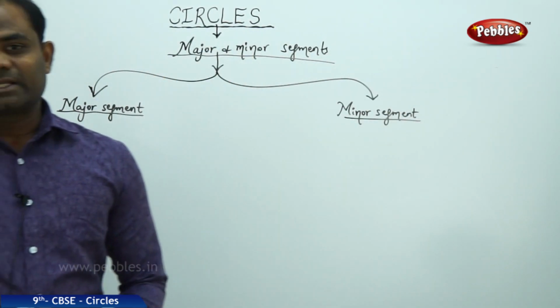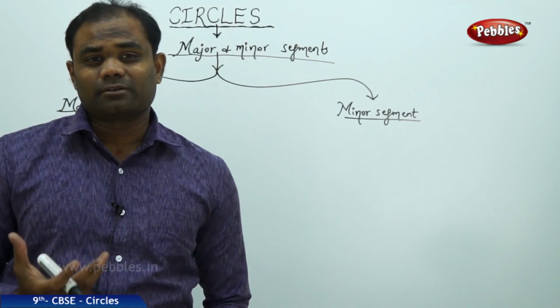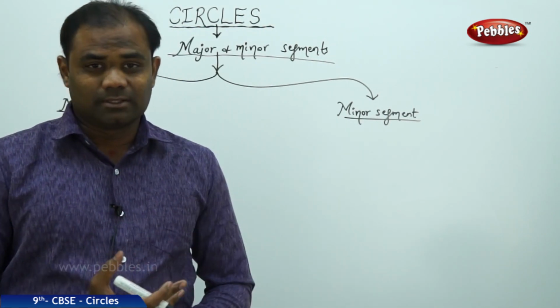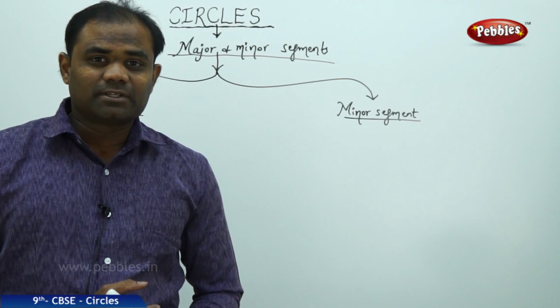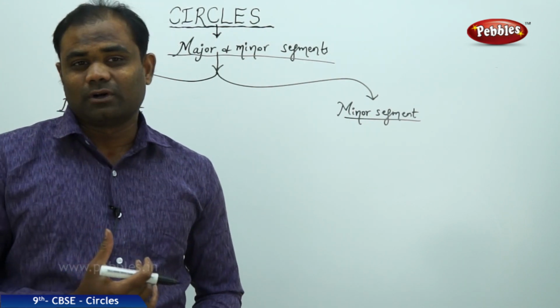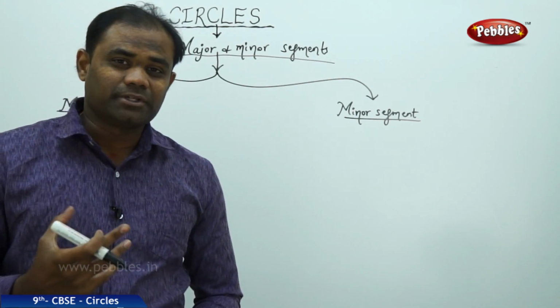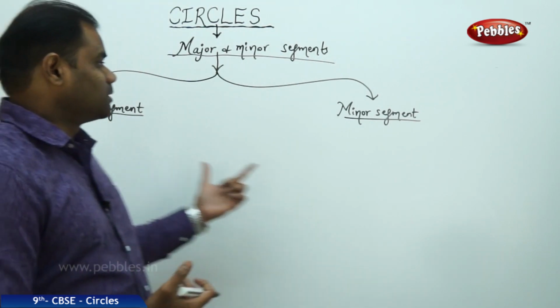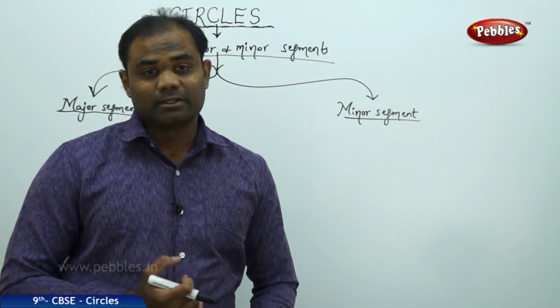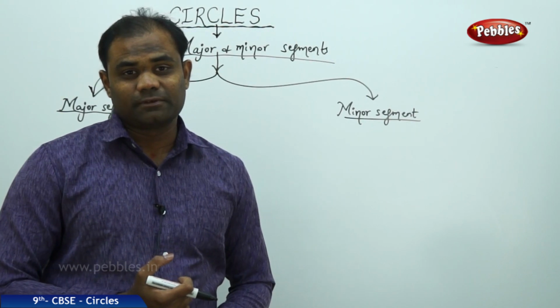As we all know, a segment is a region obtained when a chord intercepts the circle. So every circle makes 2 regions with the chord. Let's see which region would be called the major segment and which the minor segment, with their own specific definitions.